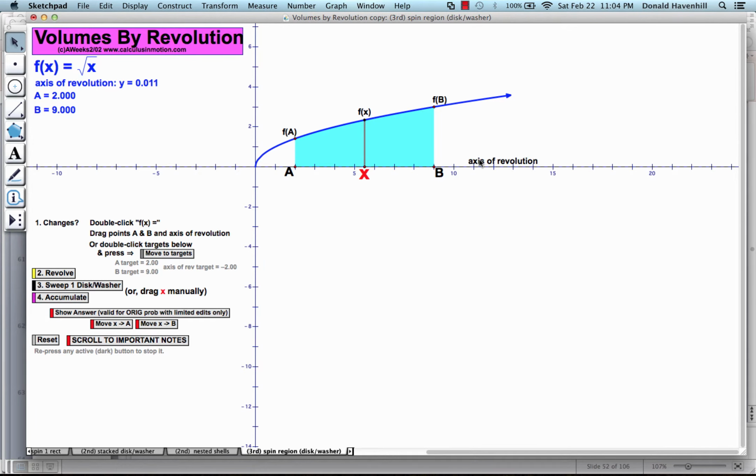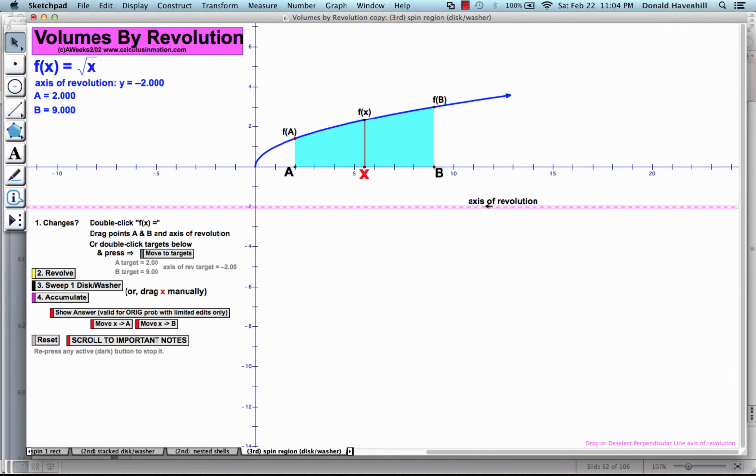Let's take the same square root function here and move the axis of revolution so that it's at y equals -2, and let's revolve this area underneath the curve of the square root of x from A to B about this axis of revolution.